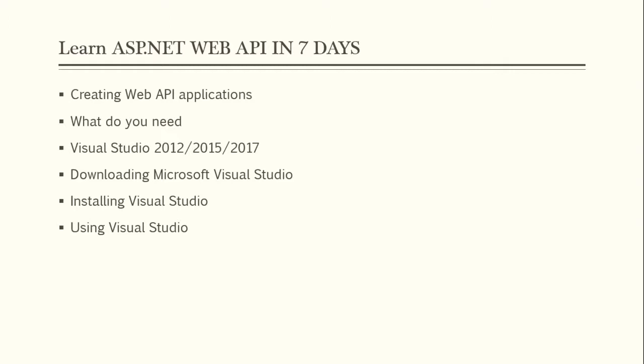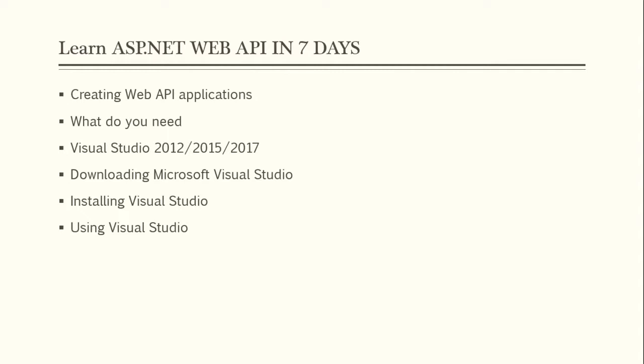For installation there are a couple of choices, so you can choose whatever setup you want. And once the installation is complete, you can start using Visual Studio, and then we can create an ASP.NET Web API application, which we will do in our next video.